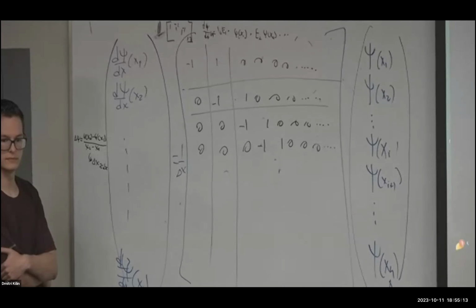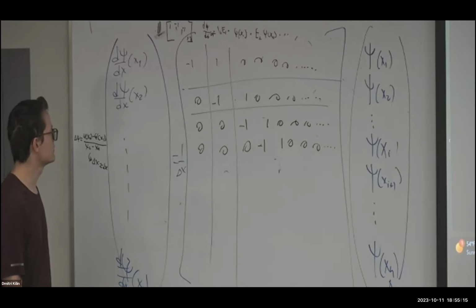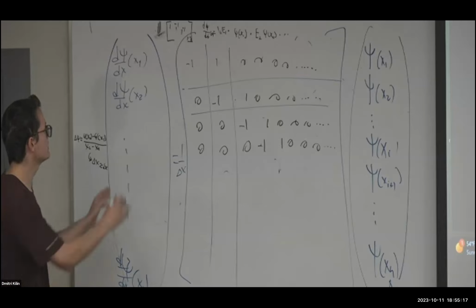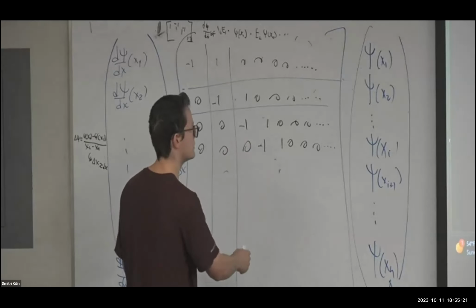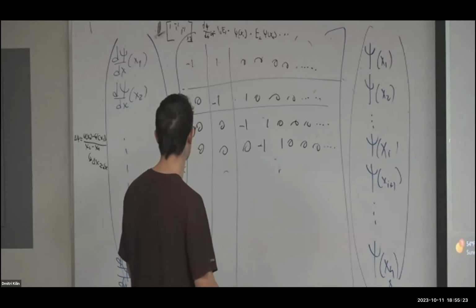What is the matrix? So this matrix basically only serves to take a bunch of differences. I'm just going to write it.